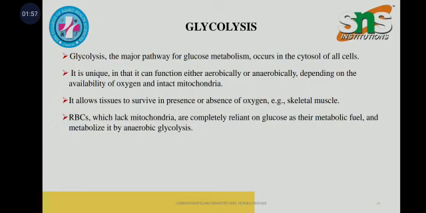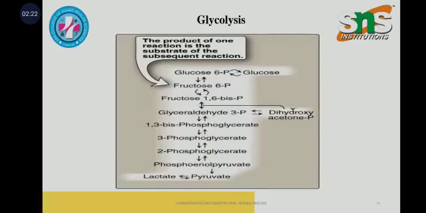It is unique and functions both aerobically and anaerobically depending on the availability of oxygen. So it allows tissues to survive in the presence or absence of oxygen, and RBCs, which lack mitochondria, are completely reliant on glucose as their metabolic fuel and metabolize it by anaerobic glycolysis.